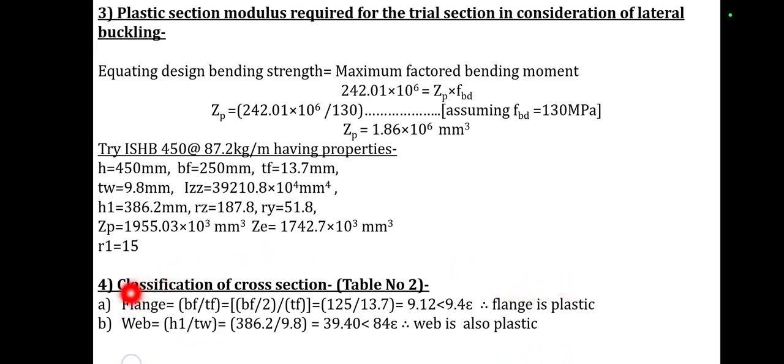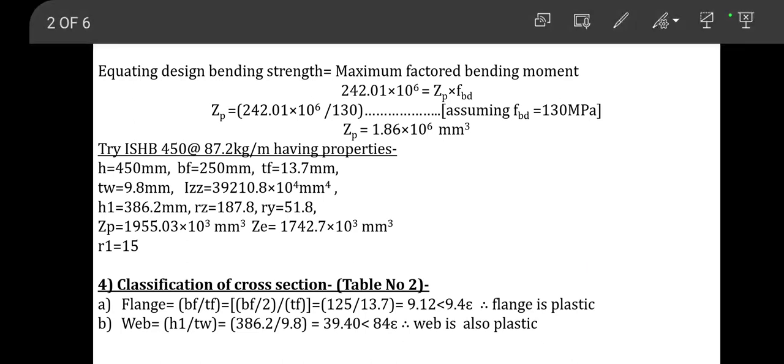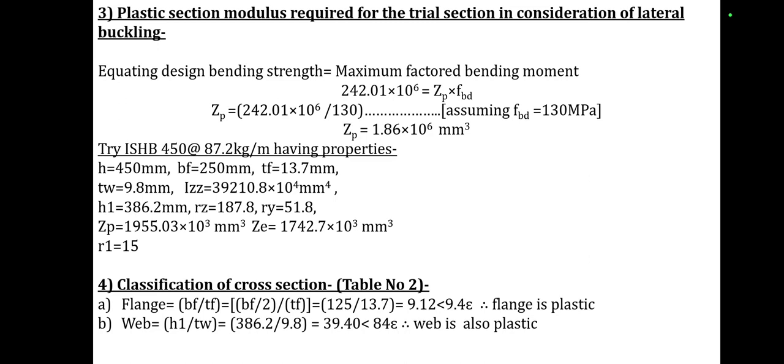Then coming towards web, H1 upon TW, this ratio is equal to 339.40, and it is less than 84 epsilon. Hence our web is also plastic. As our flange is plastic and the web is plastic, I can say that my section is also plastic, and therefore our value of beta B is equal to 1.